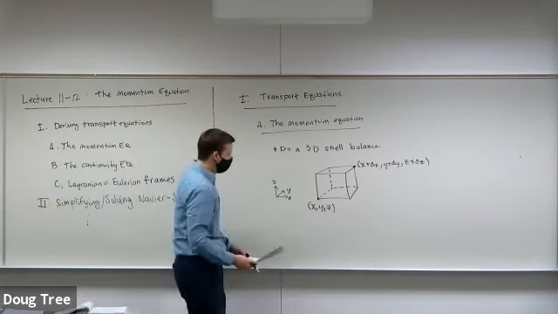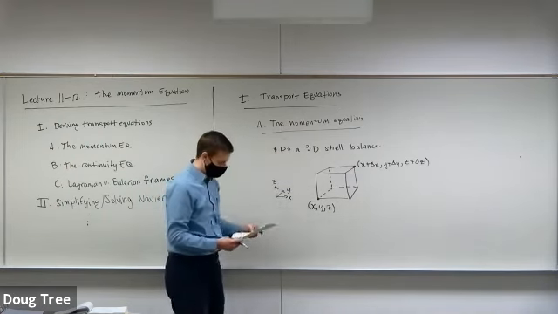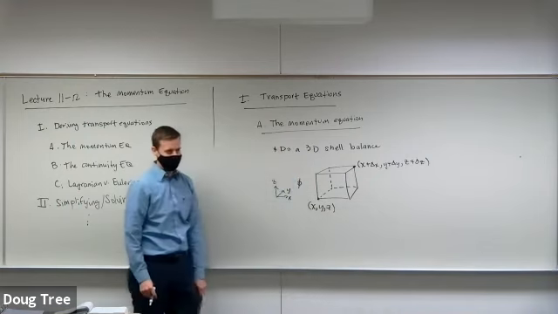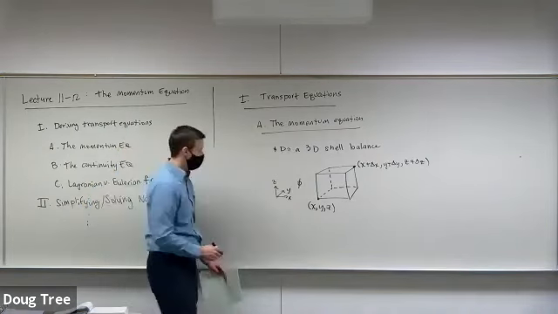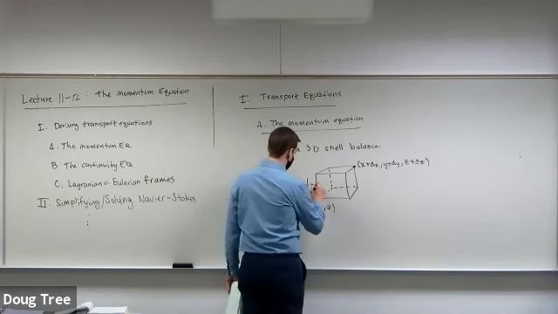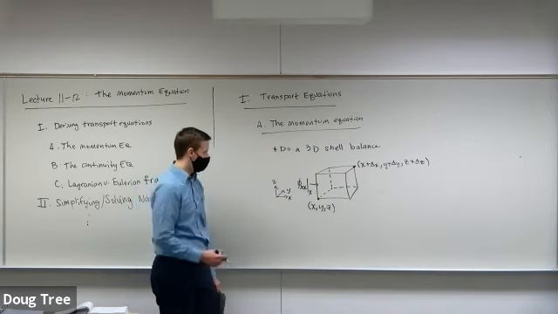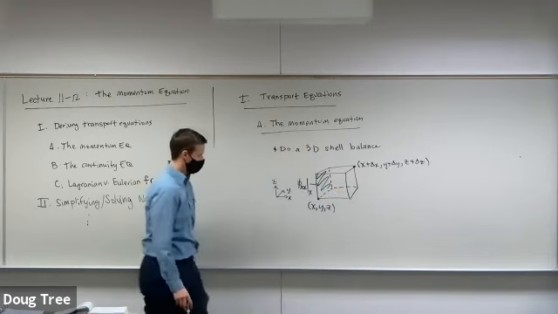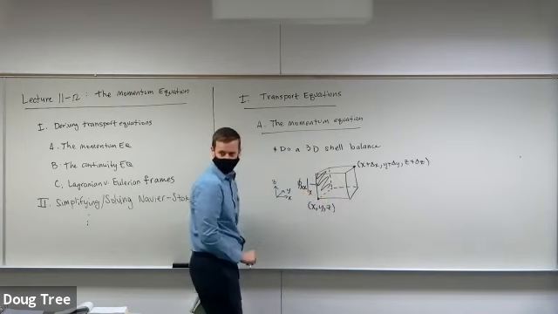So what I want to do is look at all the momentum flow in and out of that box. So remember, we had this combined momentum flux. Over here, phi xx at x is going to flow in. That's the momentum flux, and then there's the area of this side that we care about, which is delta y times delta z.